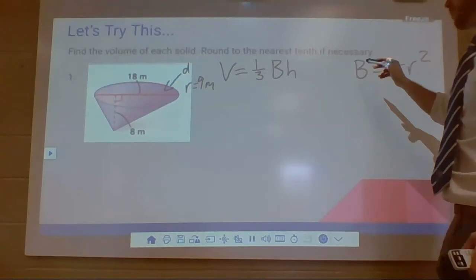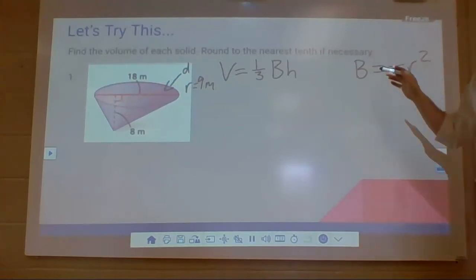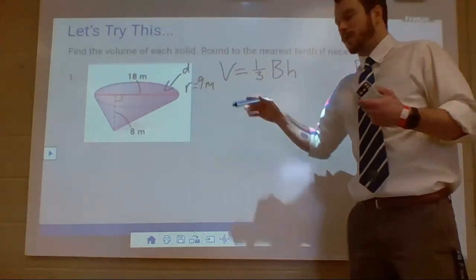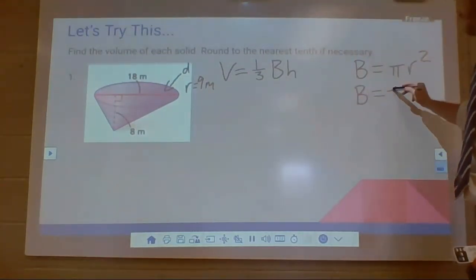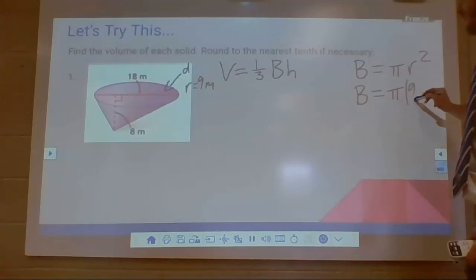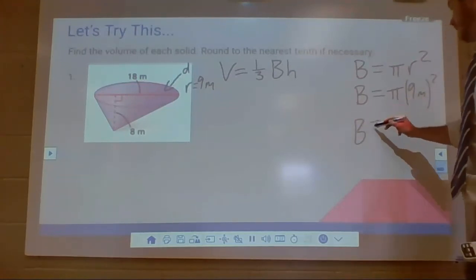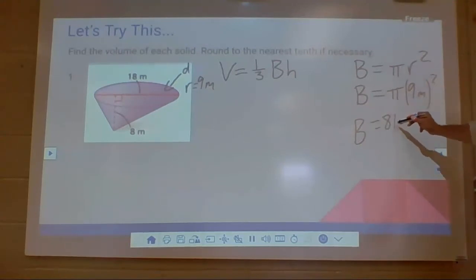Well, don't substitute 18 in here. Remember, if you're given the diameter, you've got to find the radius. So we're going to say the area of that base is pi times 9 meters squared. 9 squared is 81. Don't forget pi. So 81 pi meters squared.